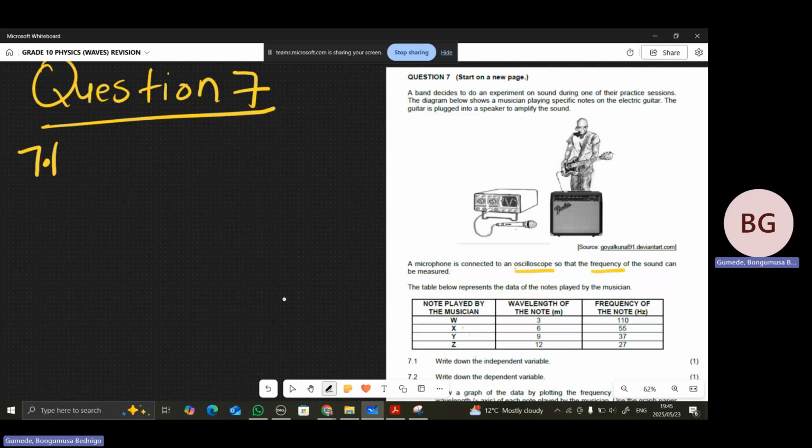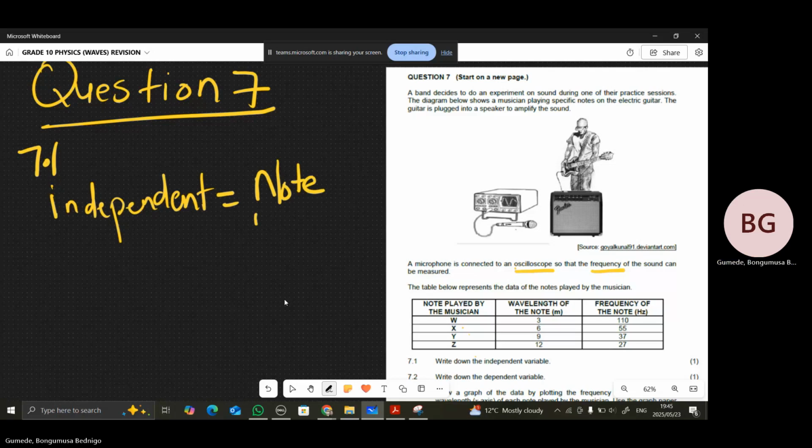So in this case, the independent variable is the note being played.